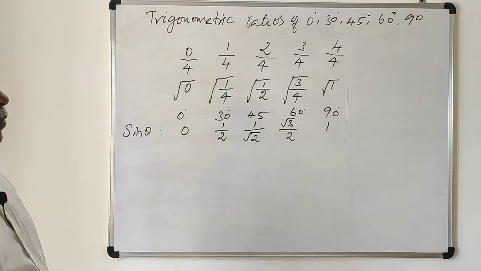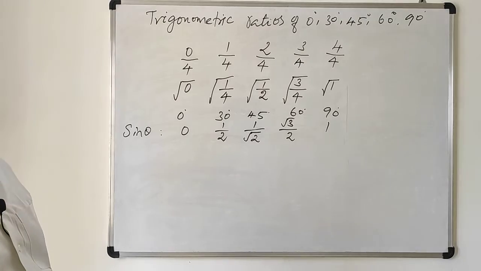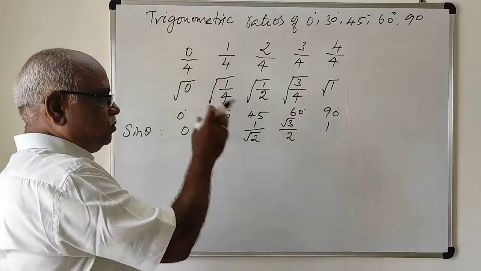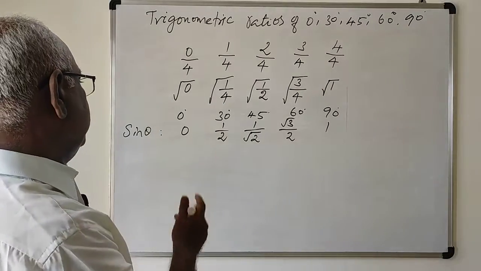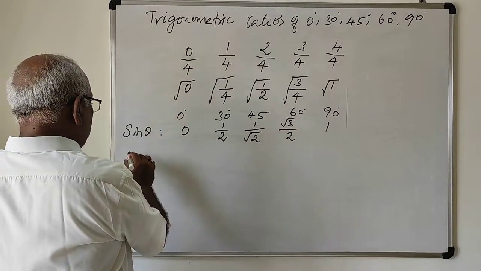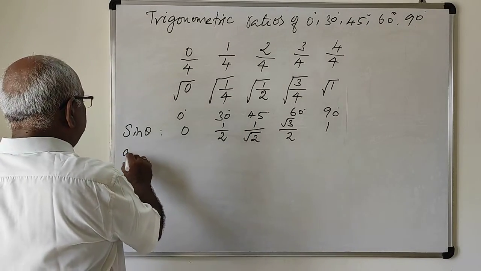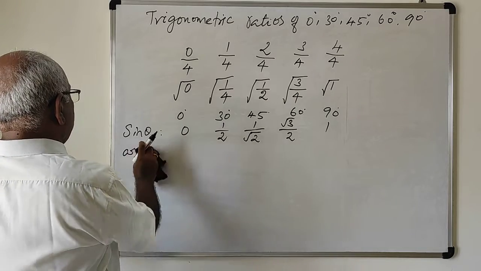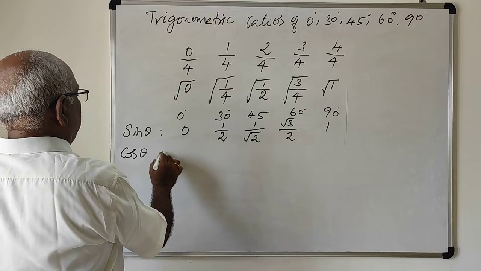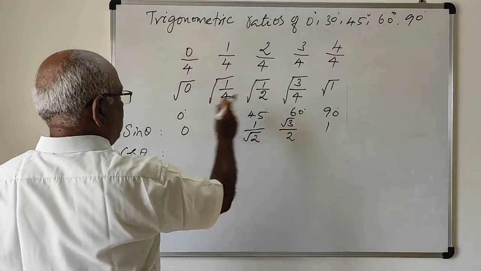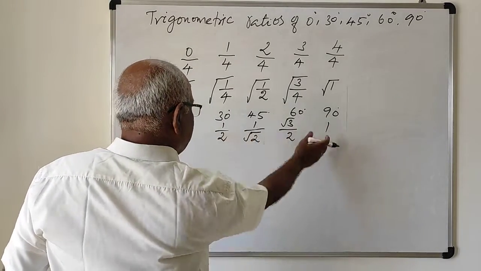Like that, you just write out the numbers from 0 to 4 and divide it by 4 and taking square root, you will get the values of sine. Since cos theta is the complement of sine theta, you will just reverse the value. Cos, write the value from 90.